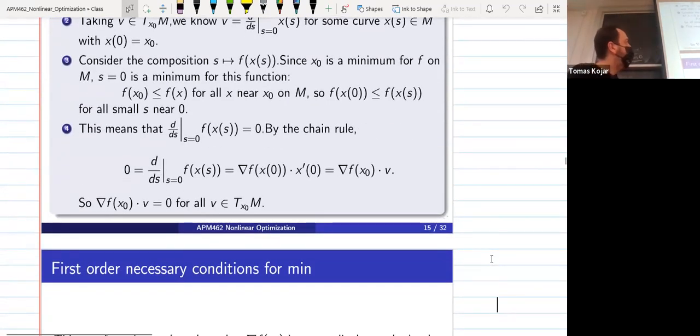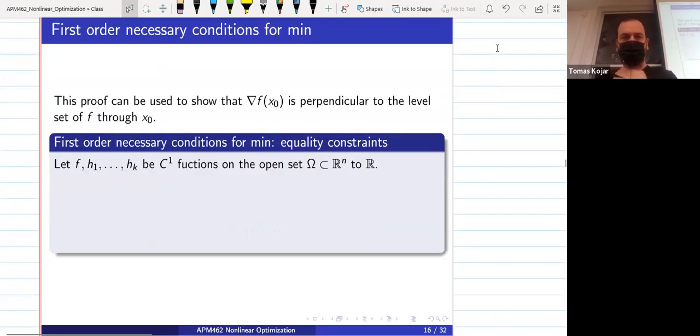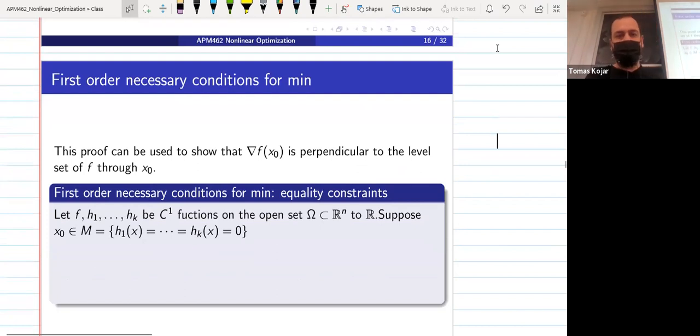Anyhow, but here's a necessary condition. I gave you a condition that was sufficient. Now I'll give you a necessary one. Because after all, you want to find a local min.